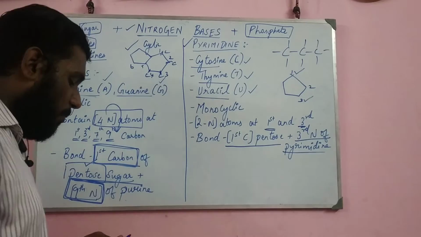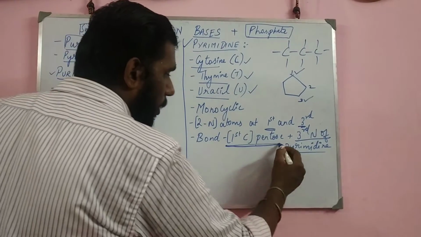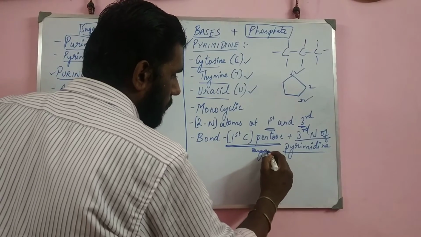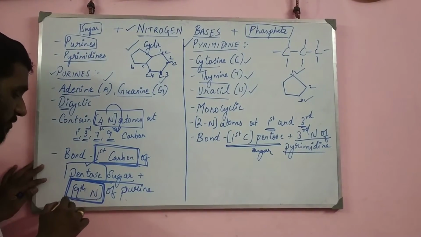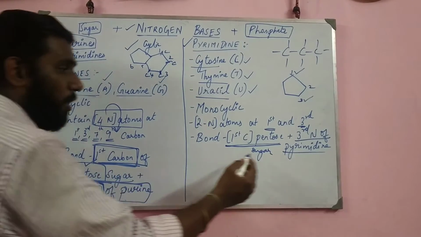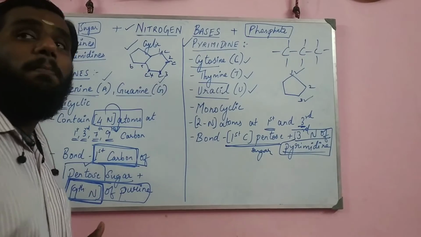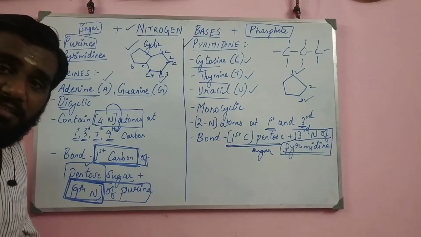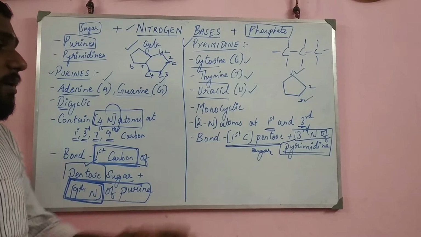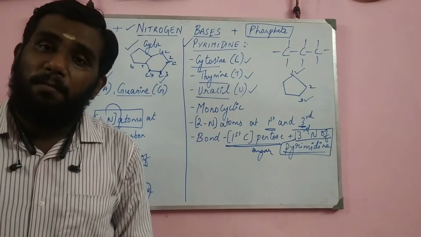Just see here, in both conditions, the first carbon of the pentose sugar is going to get bonded. But it is the decisive action of which nitrogen is bonded that tells whether it is going to be a pyrimidine or a purine. So if the ninth nitrogen gets attached, then you can very well tell it's a purine, and only if the third nitrogen gets attached, it is called a pyrimidine.